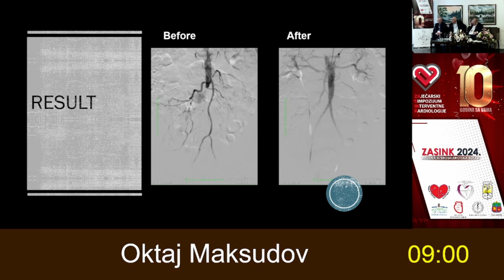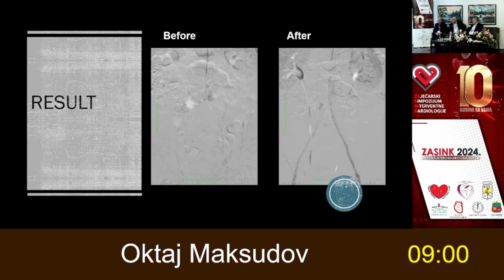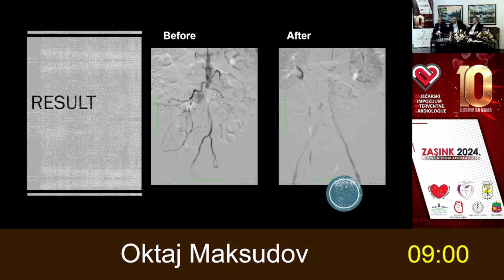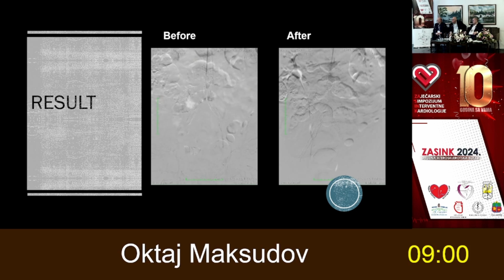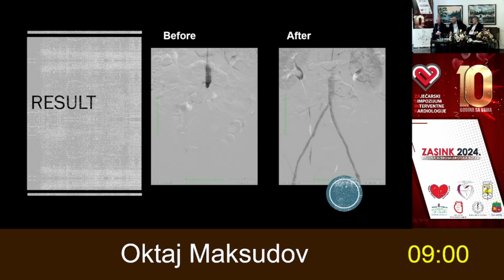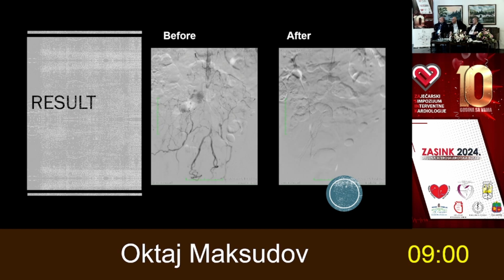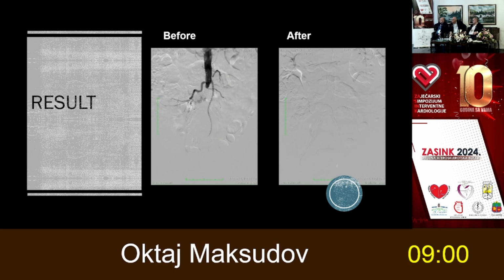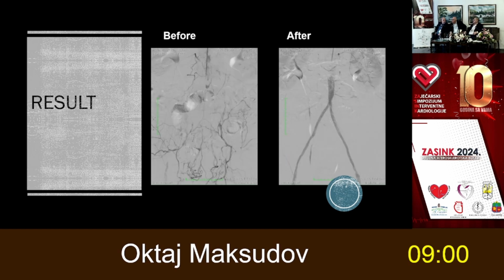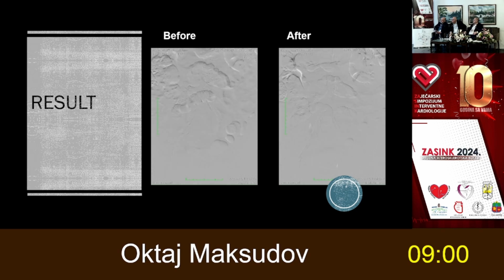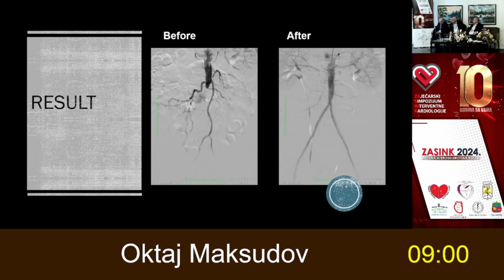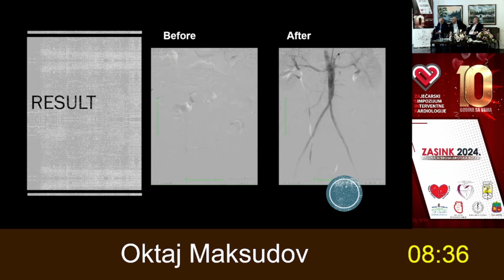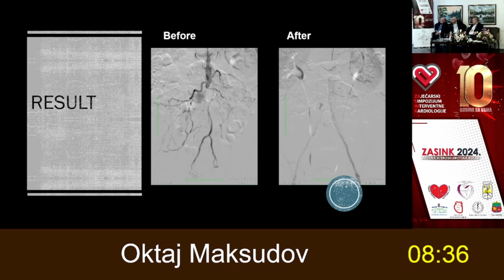And now the plan is just to place another catheter across the dissection, then to place a long 0.035 wire there, and then we will place a bail-out stent just to fix this problem and to finish the case.